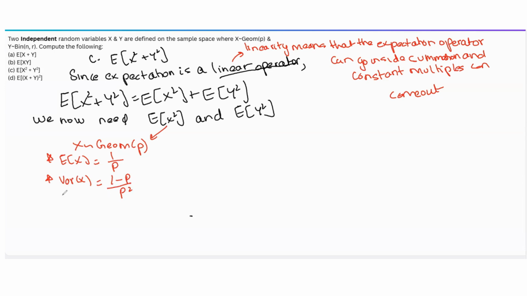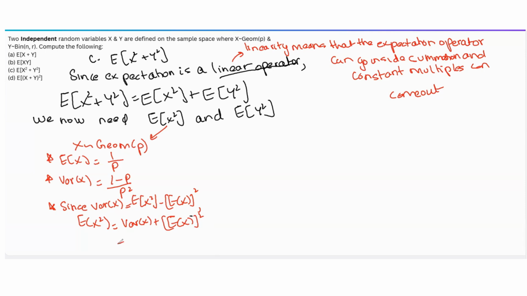Since variance can be found as the expected value of x squared minus the expected value of x whole square, the expected value of x squared is the variance of x plus the expected value of x whole square.